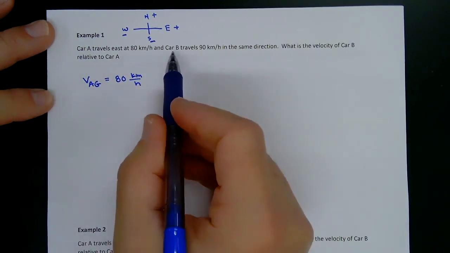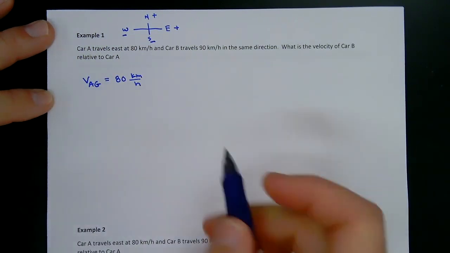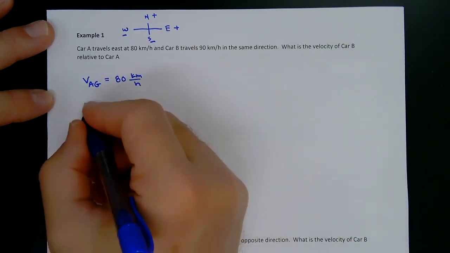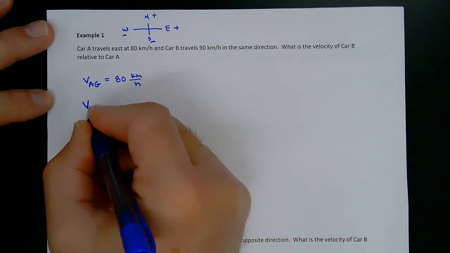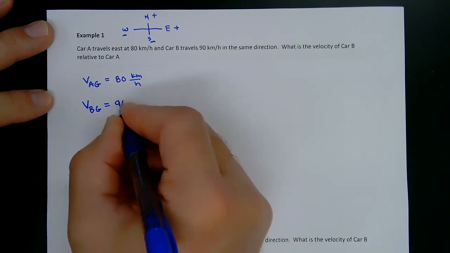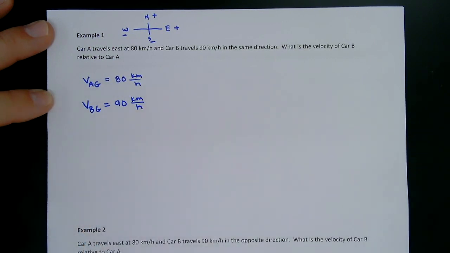So that's the velocity of B relative to the ground again, because it doesn't say what it's relative to, so you can automatically assume it's the ground. So the velocity of car B relative to the ground is 90 kilometers per hour.